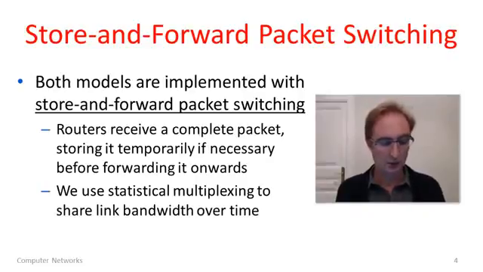One thing that's important about this model, that's one reason why it's used widely for all data communications networks, is that it uses statistical multiplexing to share the link bandwidth over time. In the description I gave you of having packets come in on links and simply sending them out links, what we're doing is we're sharing the bandwidth of all of the output links at a fine grain over time by sending different packets, maybe coming from different hosts and going to different hosts over that link.